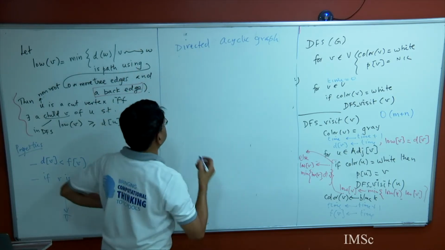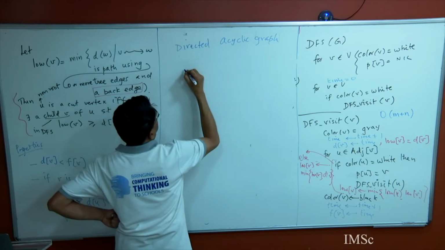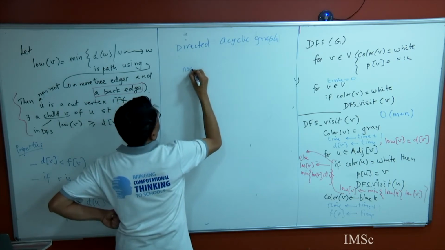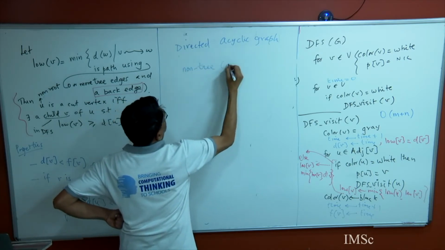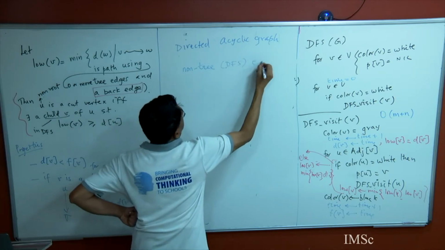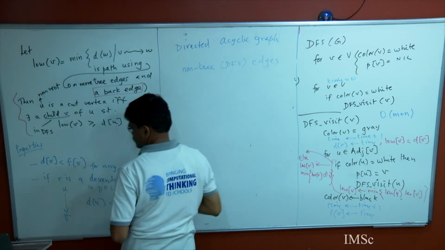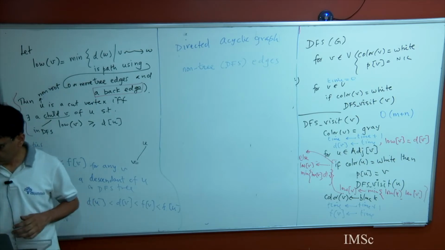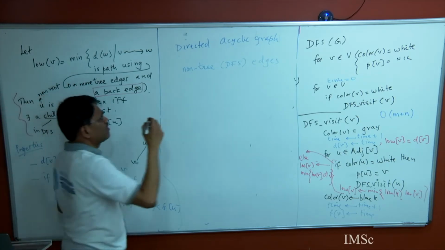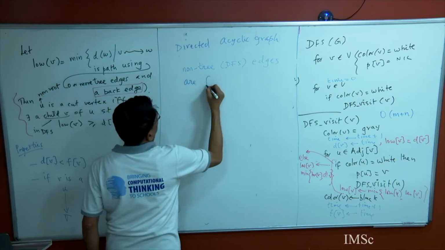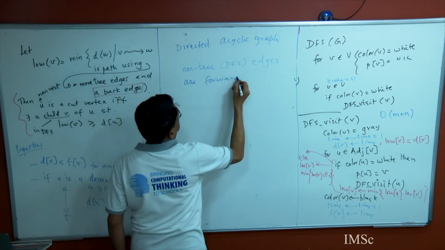So non-tree DFS edges are forward edges or cross edges.